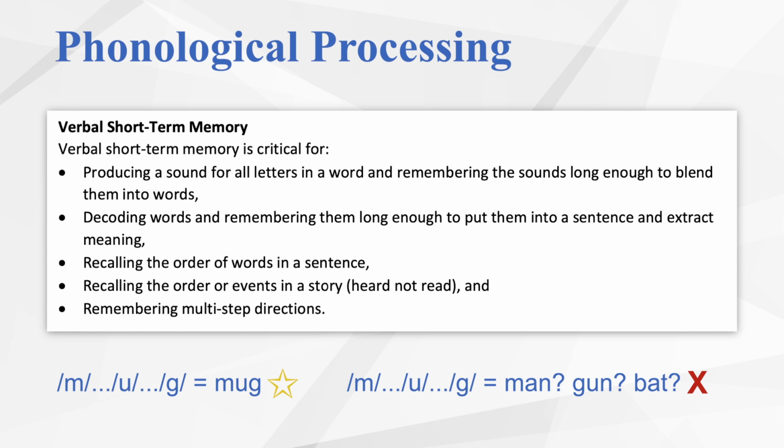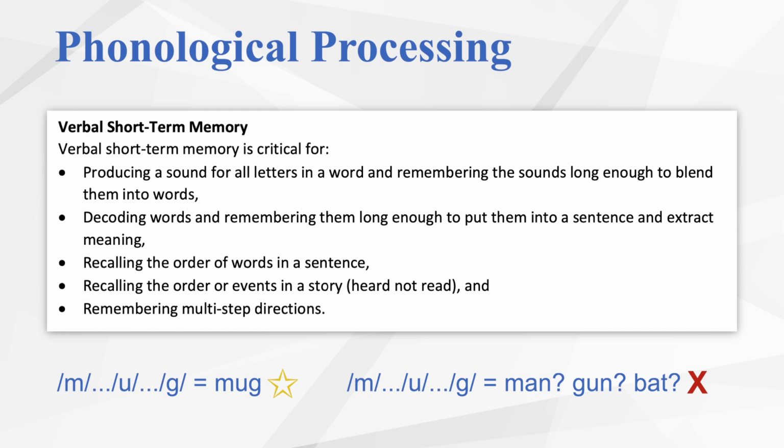Often when educators observe this process, they're baffled at how a student was able to come up with a word that didn't even match the sounds that were initially pronounced. Again, when this happens, it's often an indication that the student is struggling with verbal short-term memory.